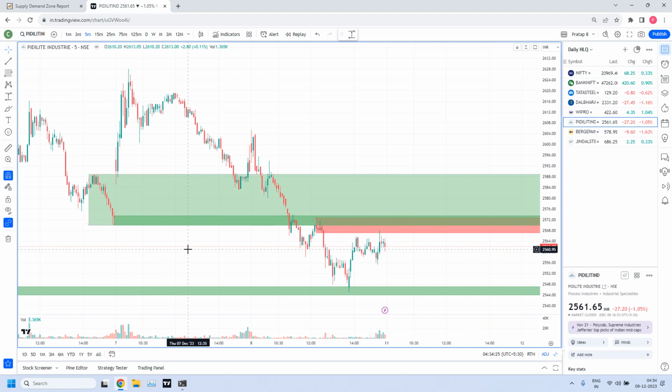Instead of 487.50, let us assume the previous zone loss is 500 rupees. Let me round it for easy calculation. So you would have got 4,500 rupees profit.